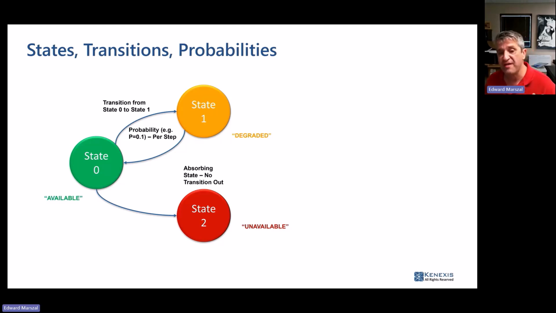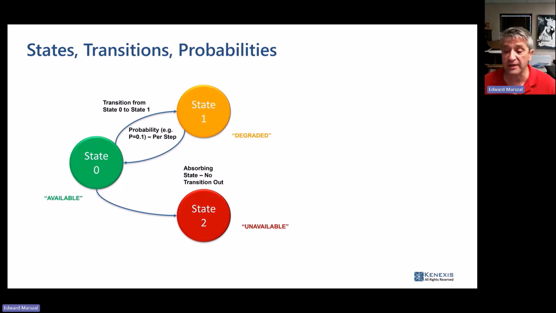Now, this is a very simple model for one component. If you have a multi-component system like a 2 out of 3 vote or a 2 out of 4 vote, you're going to have a lot more states, because you can have a state where the A transmitter is failed safe, you can have a state where the B transmitter is failed safe, and so on.